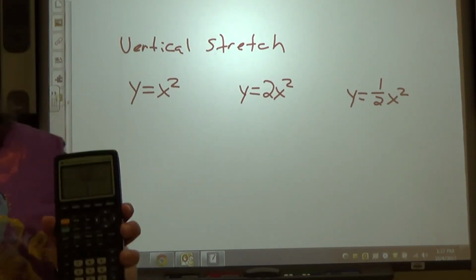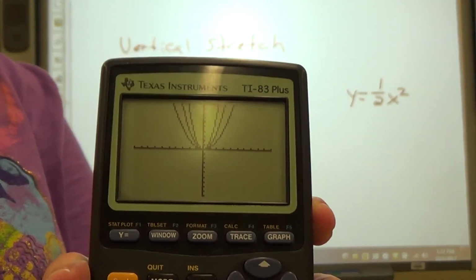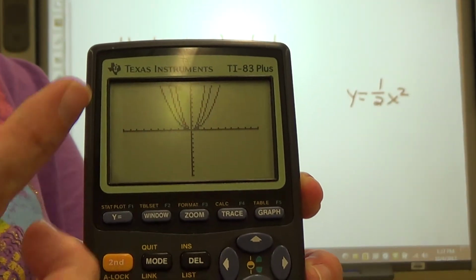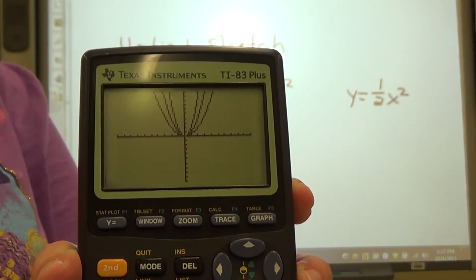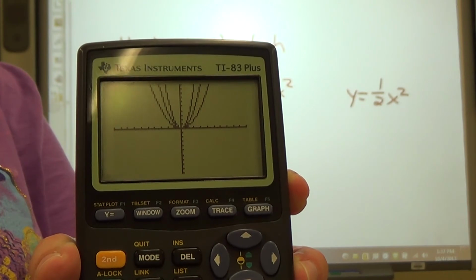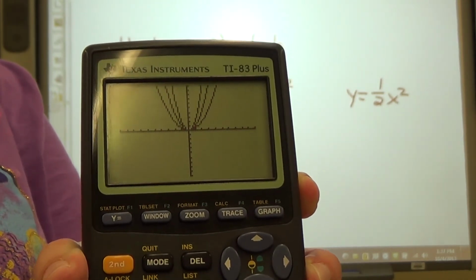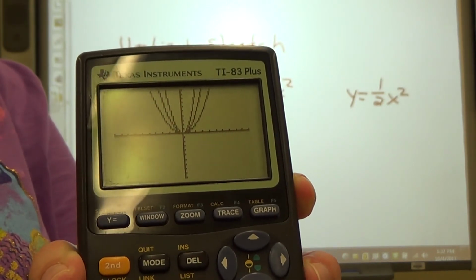Okay, here we go. All right, I don't know if we can see this. There we go. All right, the one that's narrowest, that is your y equals 2x squared. The middle one is your y equals x squared. And then the wider one is your y equals 1/2 x squared. So what happens with those?